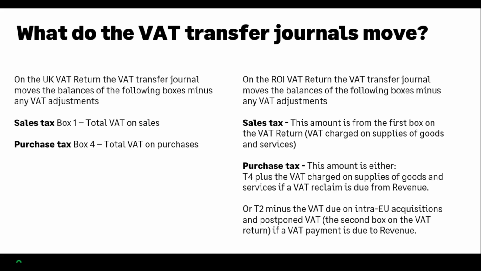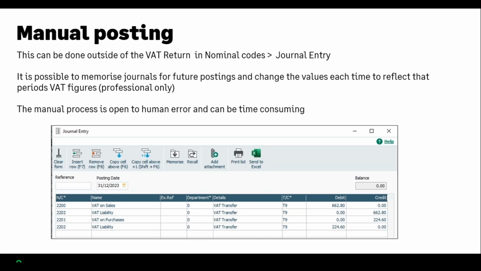So these are the figures that are moved. To manually move it, it's quite a simple process if you use nominal codes quite a lot. Essentially you would manually transfer, as this shows here. Your VAT on sales, you would debit, VAT on purchases, you would credit, and you would send them both over to your VAT liability section.